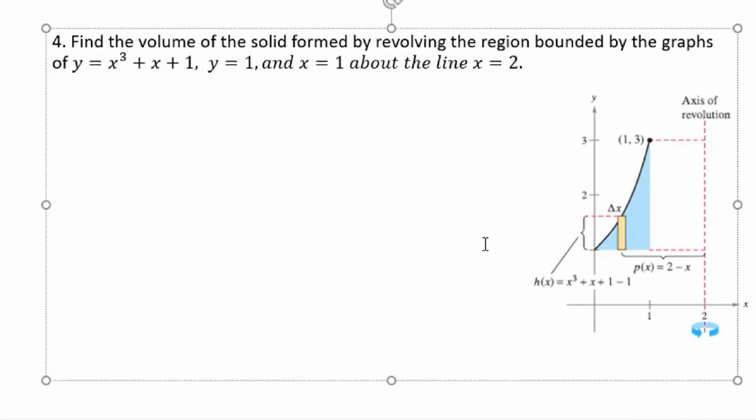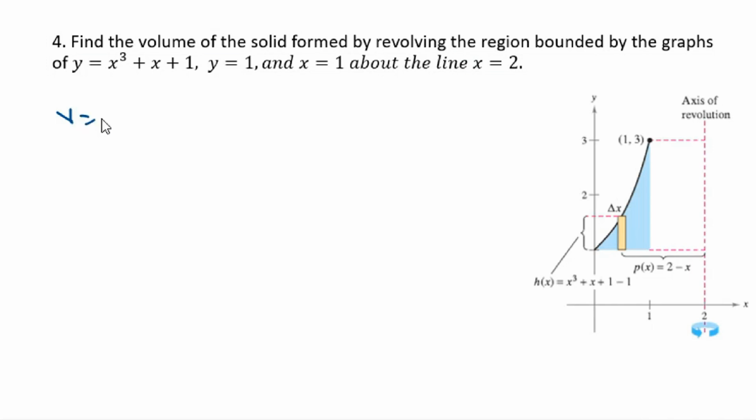Using the shell method, we can obtain the formula V equals 2 pi times the integral of p of x times h of x dx from a to b.